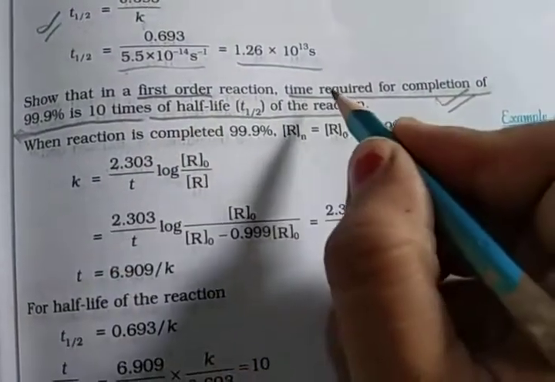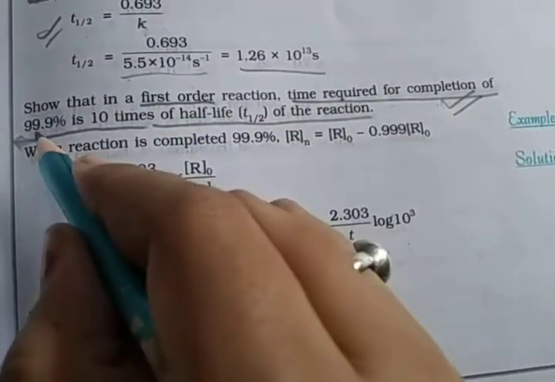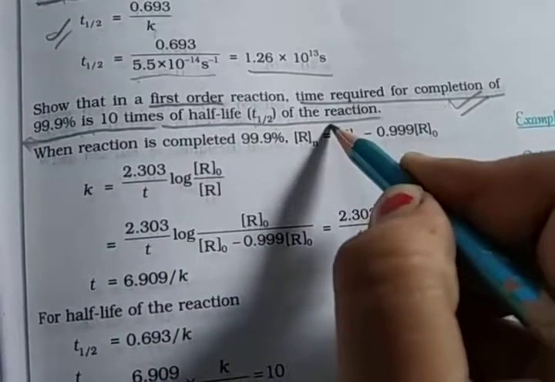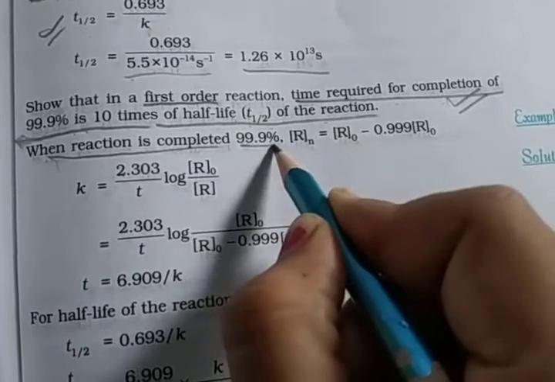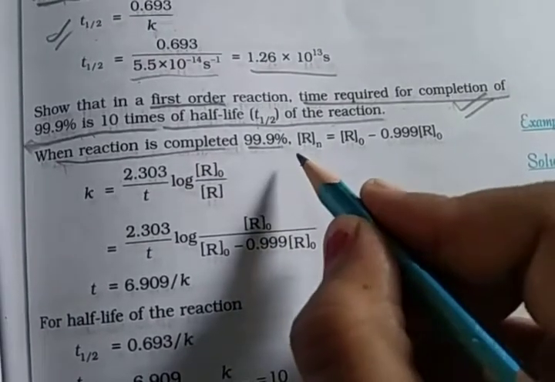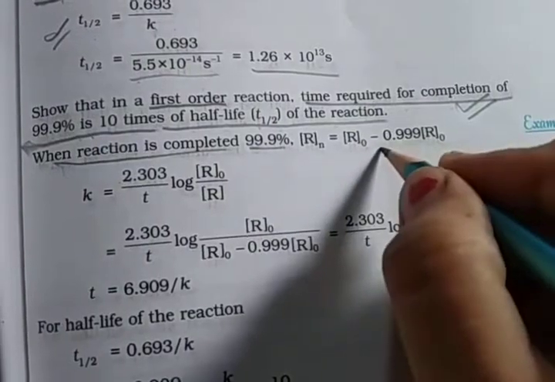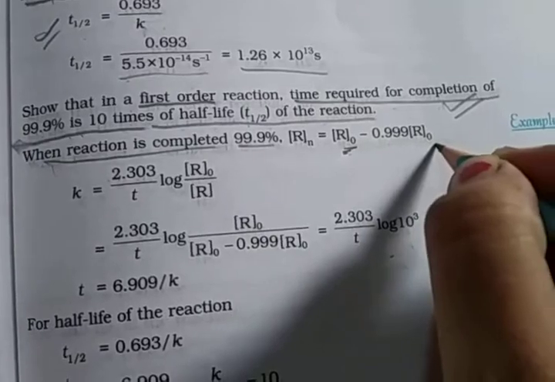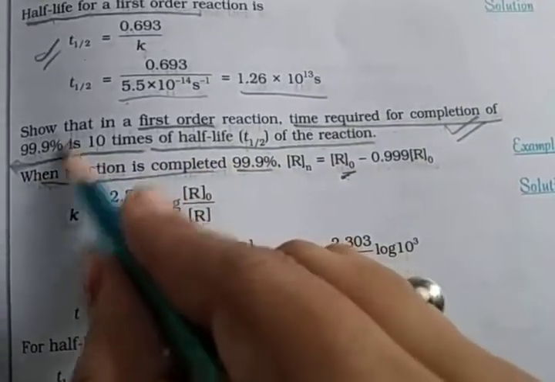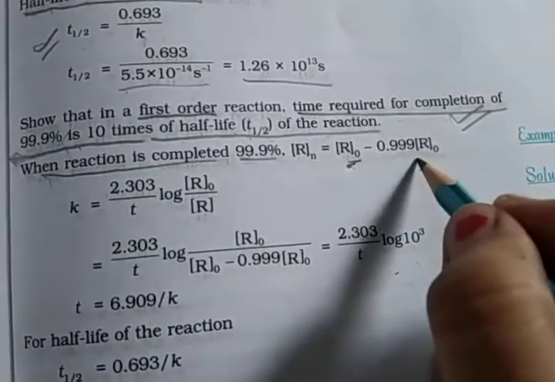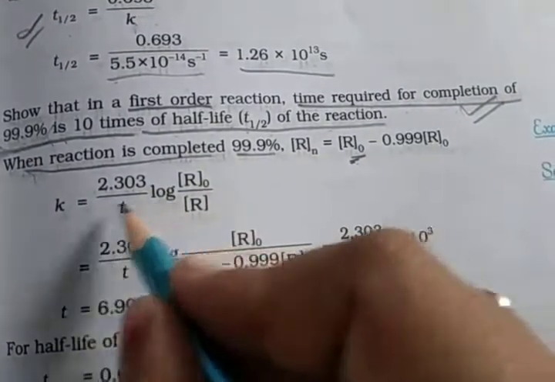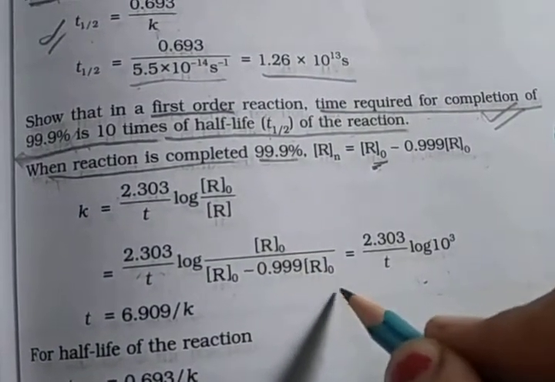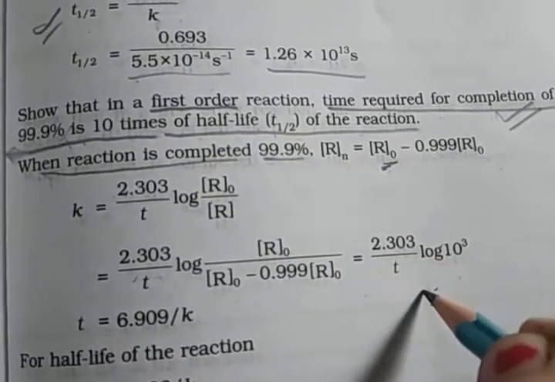When the reaction is 99.9% complete, R is equal to R naught minus 0.999 R naught, because the percent is given, so multiplying by 100 the point cancels. Putting the value here, R naught divided by R naught minus 0.999 R naught is equal to 2.303 divided by T.